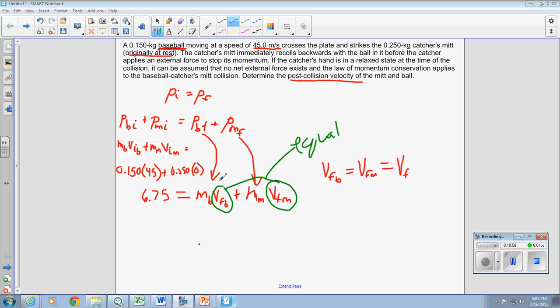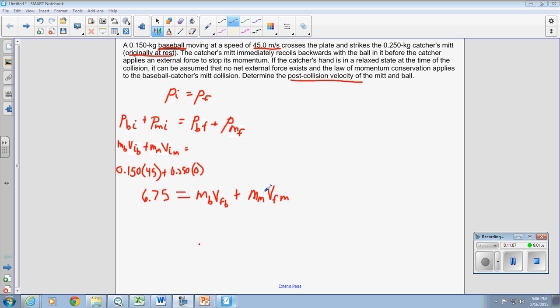And then what we missed is we rewrite our expression. Let me back up here. We've got in here that the 6.75 equals the final momentum of the ball and the final momentum of the mitt.